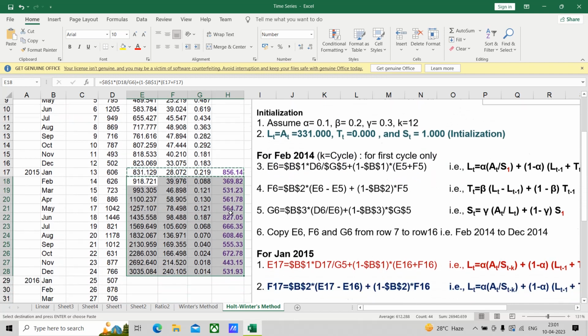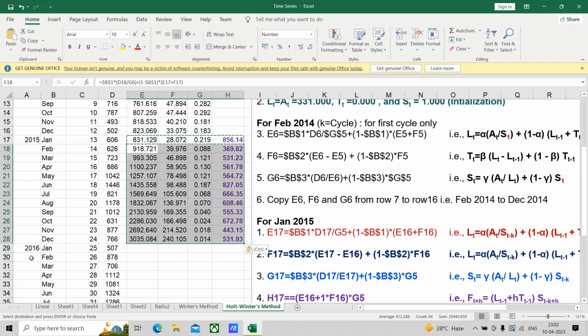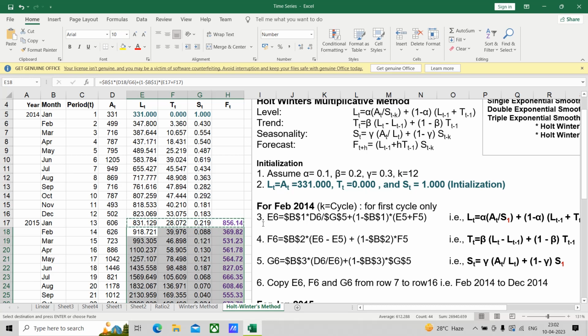Now if we want to calculate the values of 2016, then we have to initialize 2015 by using these steps. First we have to initialize 2015 with L(T) equal to this value. Then in T(T) we assume 0.0, S(T) 1.0, and for the other values we have to take S1 in place of S(T minus K), and at this place again S1 in place of S(T minus K).